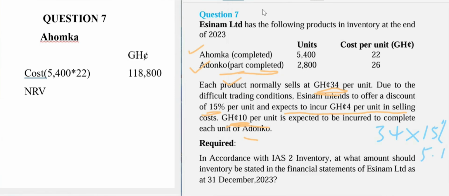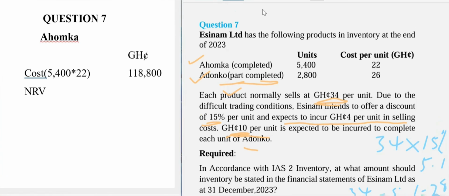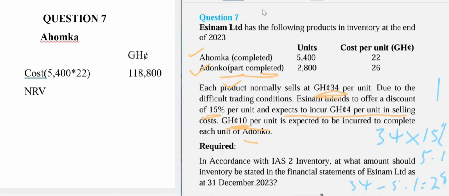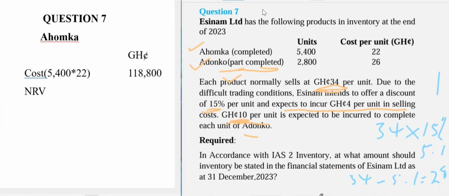So this is the discount. The selling price after the discount will be 34 minus 5.1, which gives us 28.9. Are you following? So 28.9 will be our price after the discount.